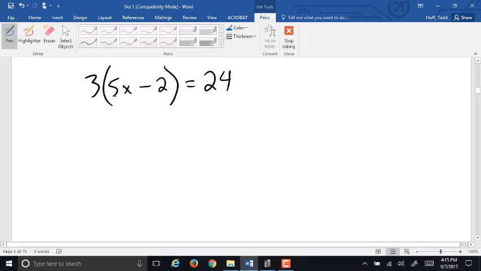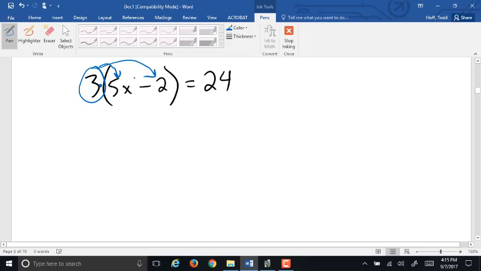As always, we look inside the parentheses. Is there anything that can be done inside there? No. What's our second question? Anything that needs to be done to the parentheses? There is, the times 3. We need to distribute the 3.